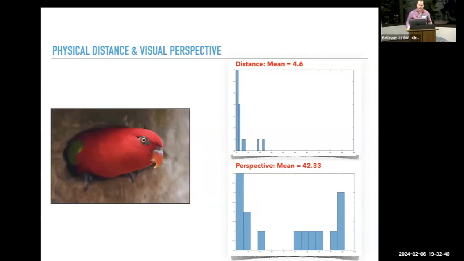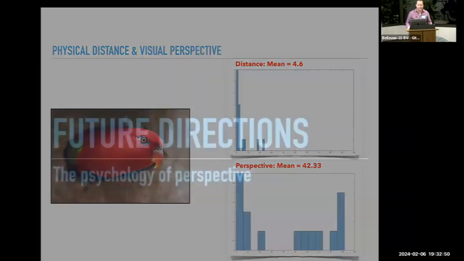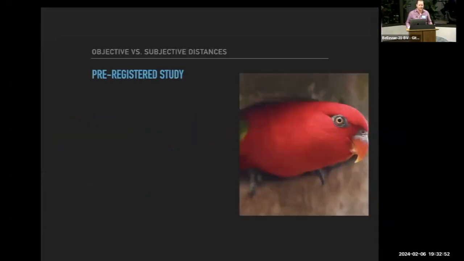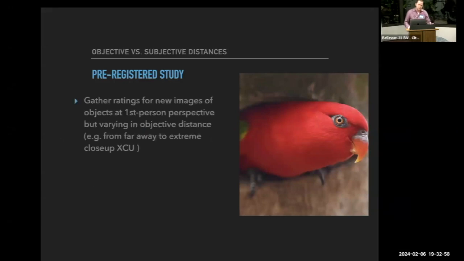And so what I would like to do is pre-register this as a new experiment, or not really an experiment per se, but more of a study. The idea would be to gather images that vary across different vantage points, from far away to extreme close-up, and to make sure that they're all in the first-person perspective.